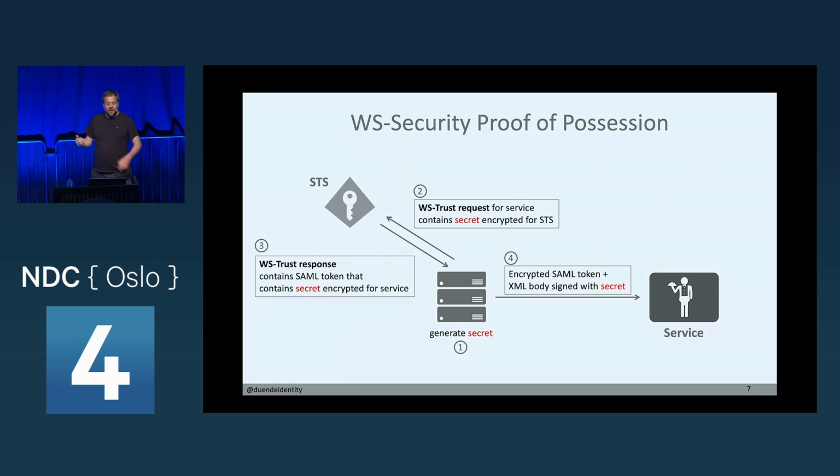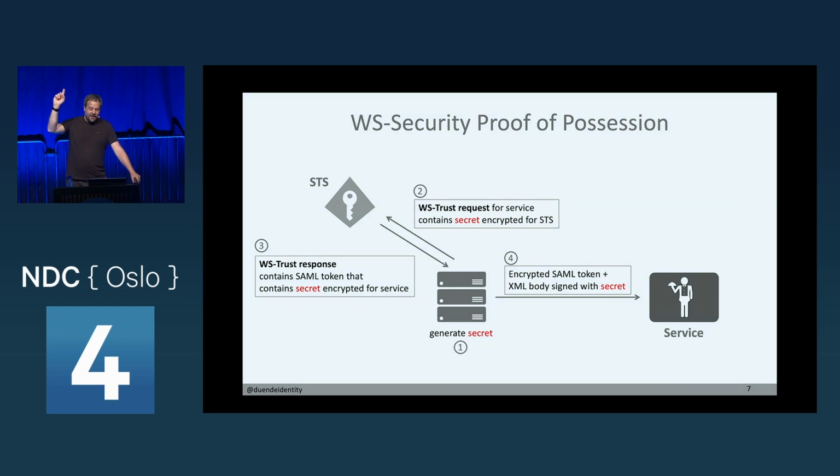So in other words, the secret itself never went in plain text over the wire. You basically had to encrypt it on the one end, and you had to sign something with that secret on the other end. Okay, that worked, right? But so why didn't they just port that over one-to-one?